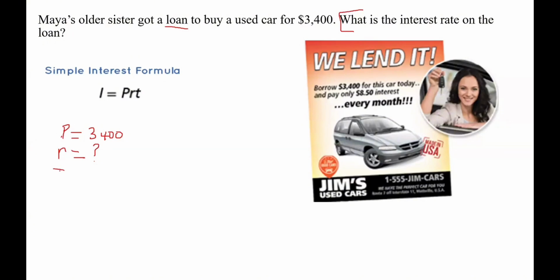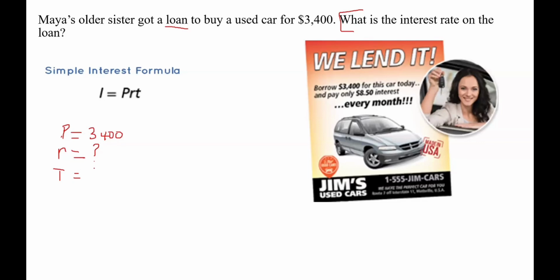T is for time. And when using the simple interest formula, time is calculated using years, not months. Even if you're given months in the question, you need to convert that to years, because that's how you calculate simple interest, by using years, not months.